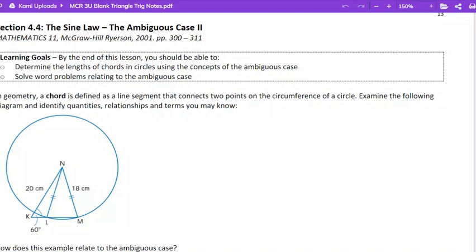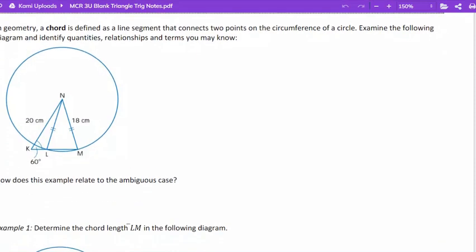Secondly, we're going to solve problems that relate to the ambiguous case. So in these questions, we are not going to solve both triangles, but we're going to use that concept to look at, to figure it out. And very often, folks, I'm going to show you which part of the triangle we're going to look at.